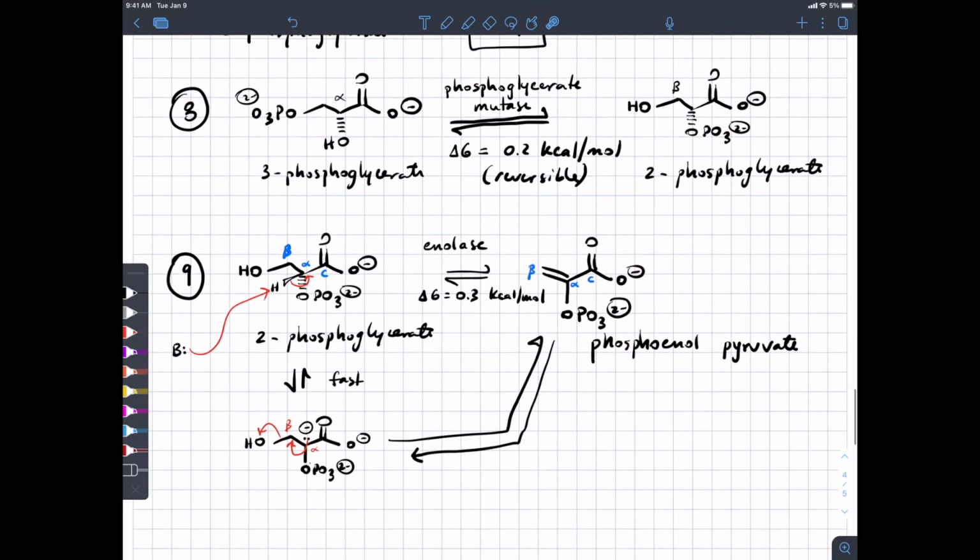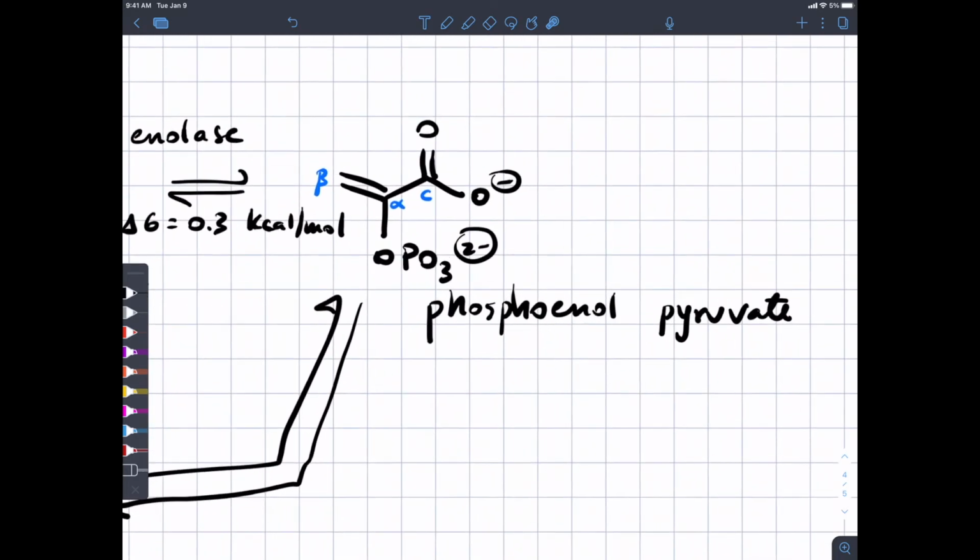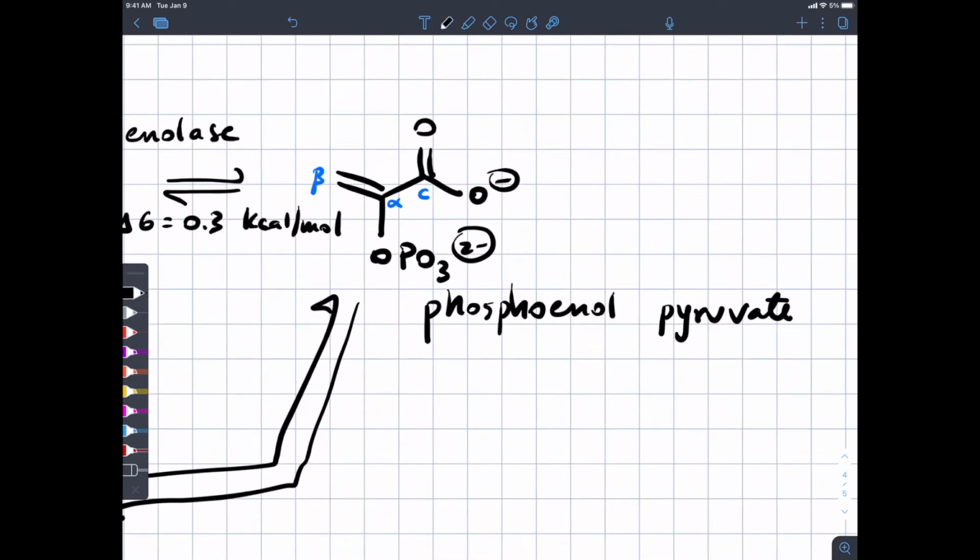And then when you make the alpha-beta unsaturated compound, you get rid of an OH group, but now you also have something that's basically an enol. It's an enol phosphate. That's why it's called phosphoenol pyruvate.